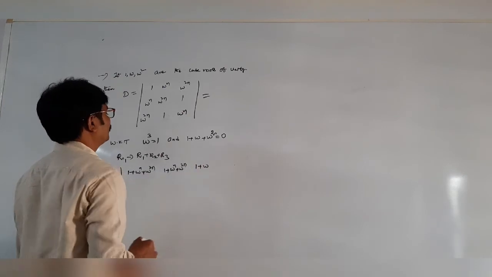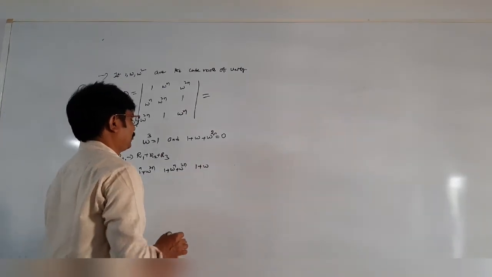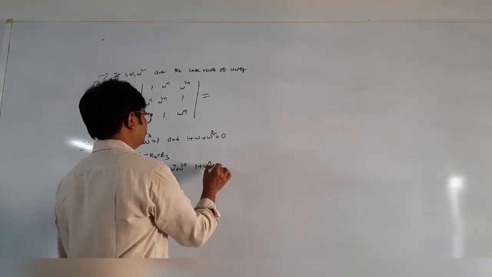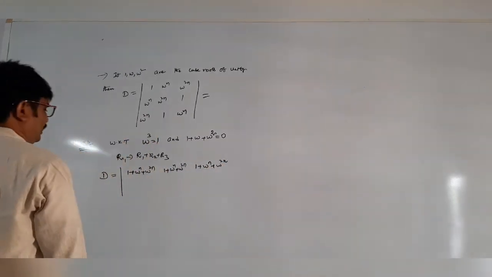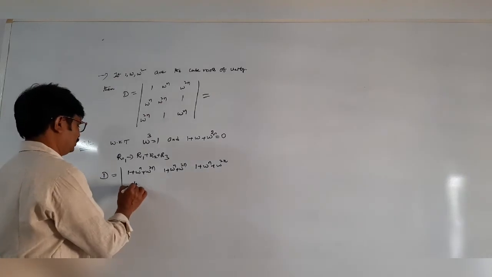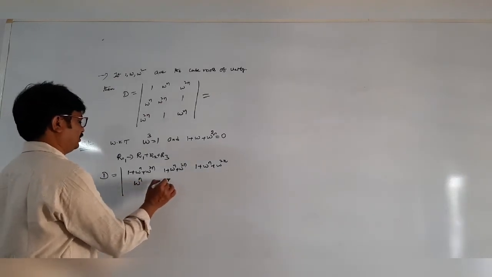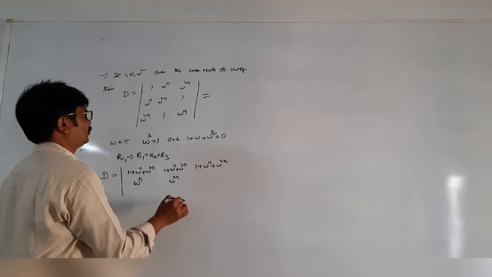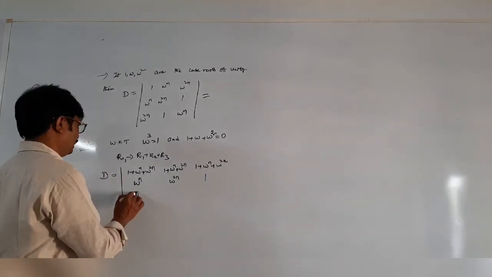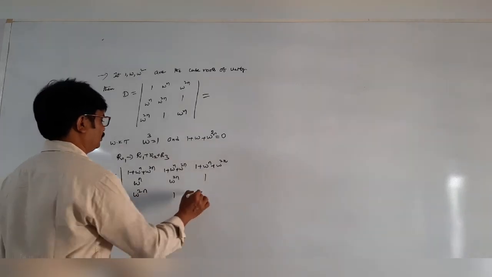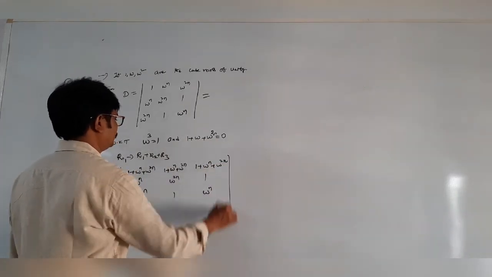This is also 1 plus omega power n, omega power 2n. So, my dear students, second row: omega power n, omega power 2n, 1. Third row: omega power 2n, 1, omega power n.